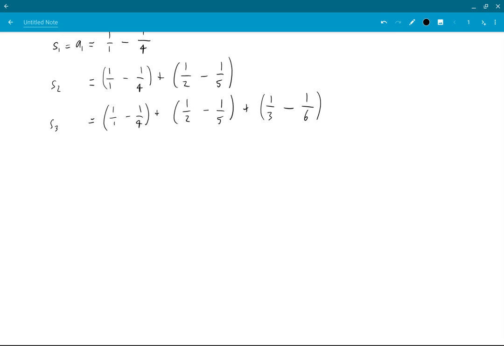So S1, S2, S3, S4, S5, this is a sequence. We want to see if this sequence converges or diverges. Now, what do we see? We don't see much yet. I'm going to do one more term in this sequence, and we're going to see, hopefully, something happening.